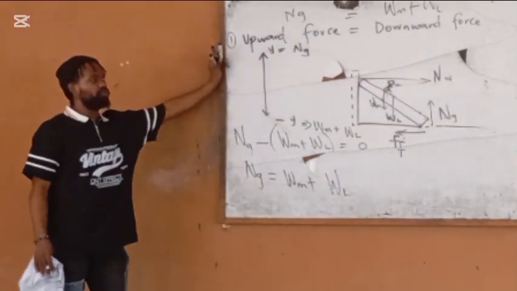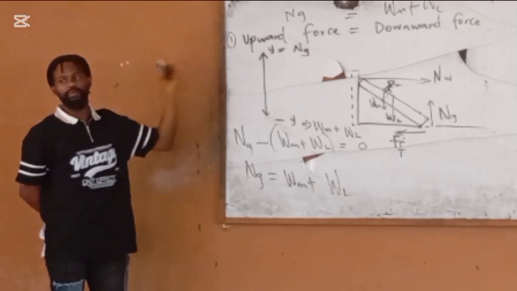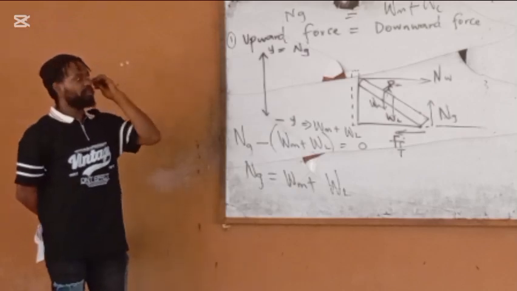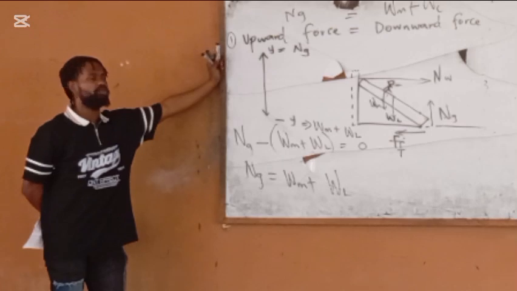Now the second rule, which will always be a must for equilibrium to be achieved here. If you solve using the first rule for equilibrium, you must still go and do the second rule before the third rule.